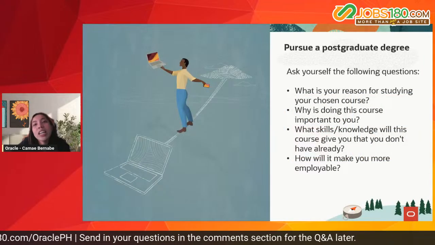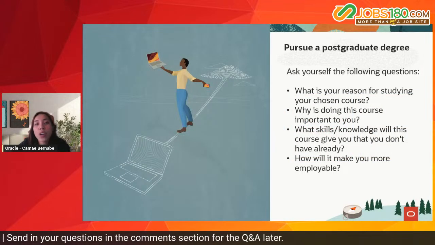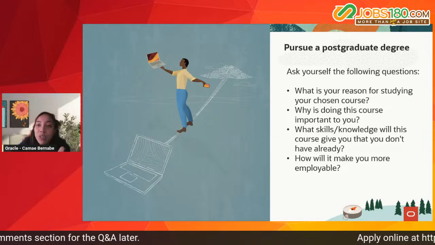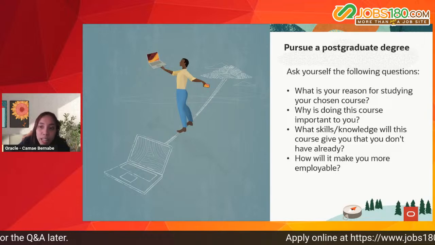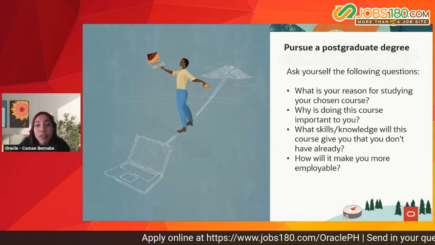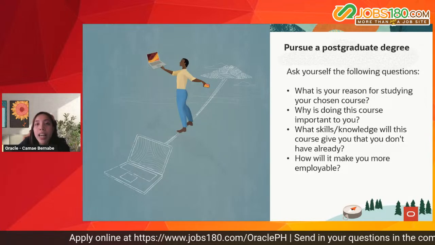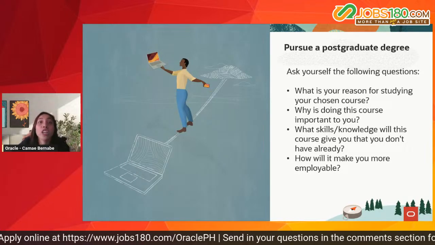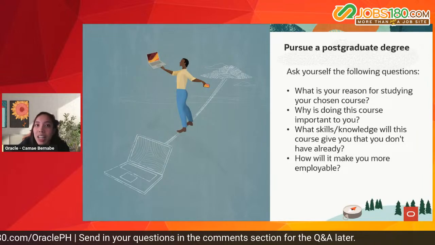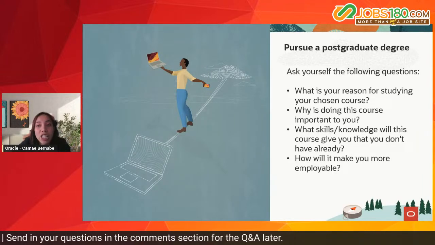Alright, so for the first route that you can take, you can pursue a postgraduate degree. An alternative is to return to school and do this. People opt to do a postgraduate degree for different reasons, but it's important to understand why you're doing it. A master's takes time and money, so make sure you're doing it for the right reasons.